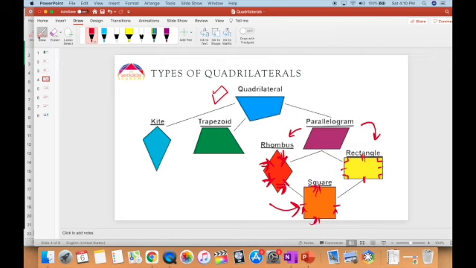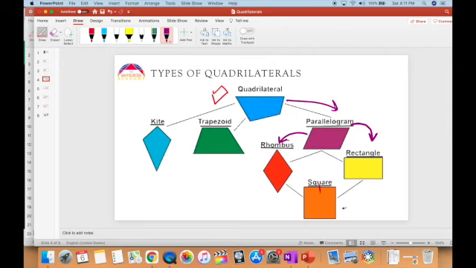So a square is really, really special. We could see here in the hierarchy of things that a parallelogram is a type of quadrilateral. And we have two types of parallelograms. We have rhombuses, where we have equal sides, and we have rectangles where the opposite sides are equal, but not necessarily all of them, right? But then we have a square.